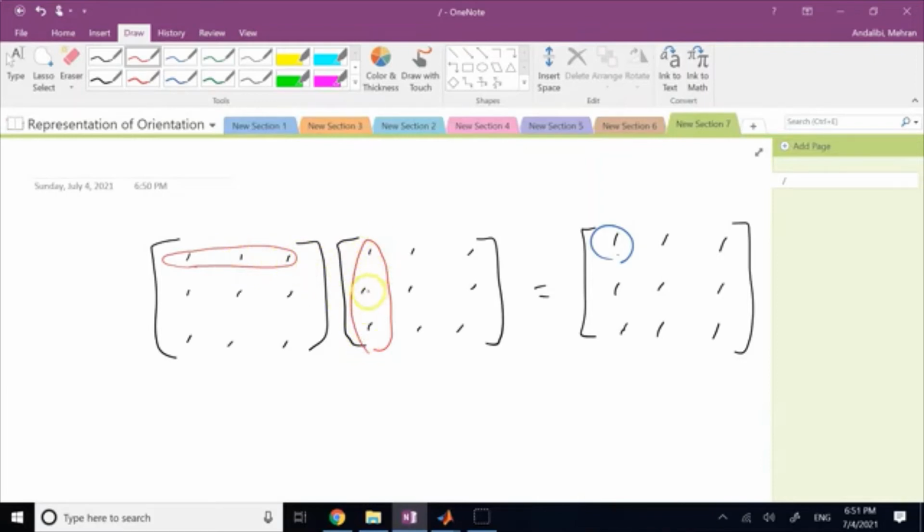I add these 3 numbers together. So first add the first one to the second one, the result of that to the third one. So to get this, I need 3 products, or 3 multiplications, and 2 additions.